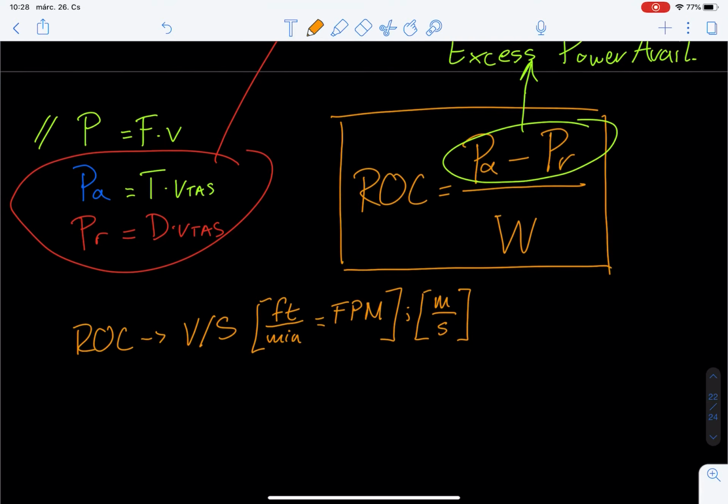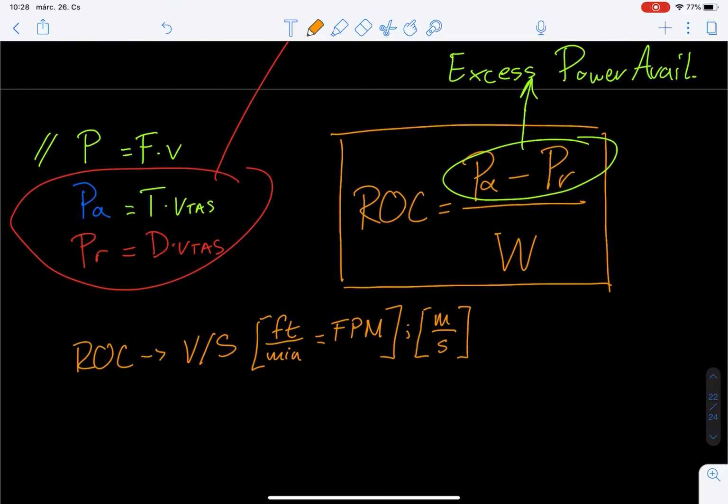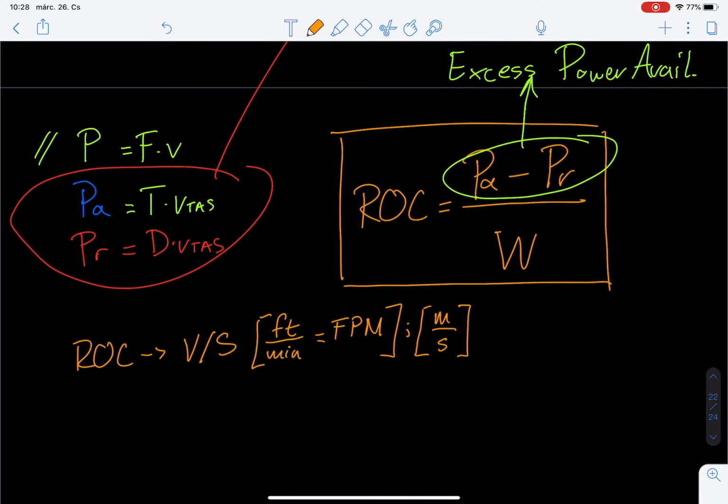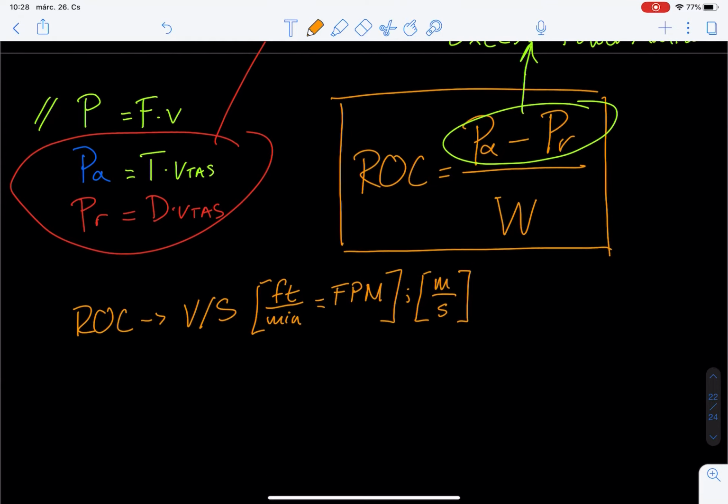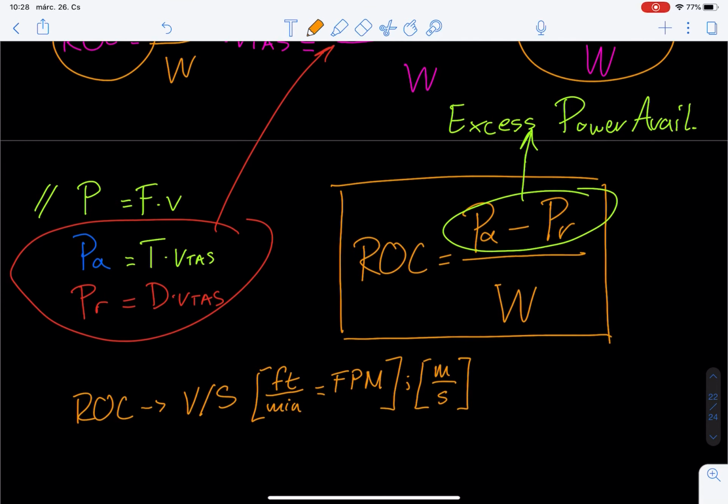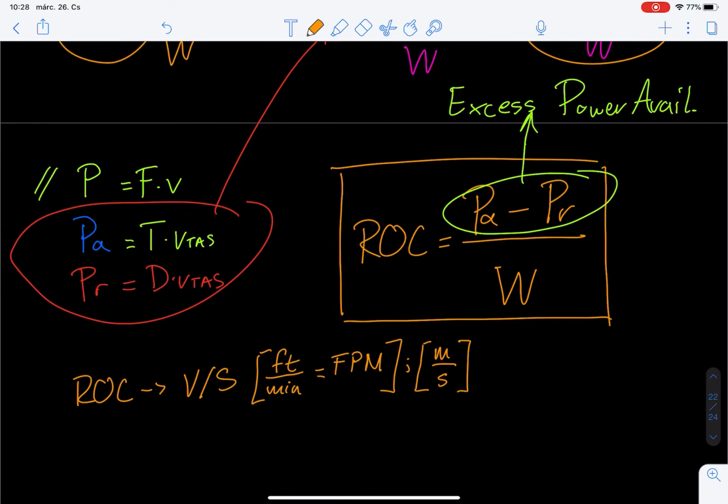This is because, yet again, the rate of climb is a vertical velocity, vertical with respect to the Earth's local vertical, so not in the aircraft's coordinate system, is what I'm trying to say. So this is it.